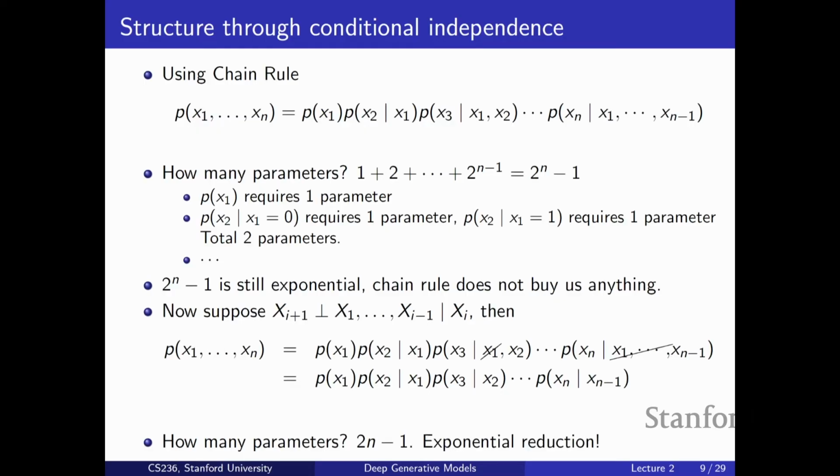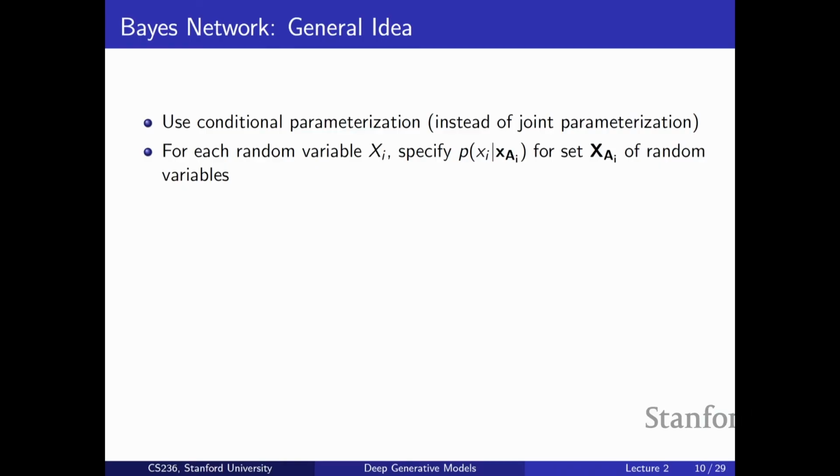And so although there is an exponential reduction, maybe this assumption is still a little bit too strong. One way to generalize this idea is to use something called a Bayesian network, which is essentially the same machinery in slightly more generality.